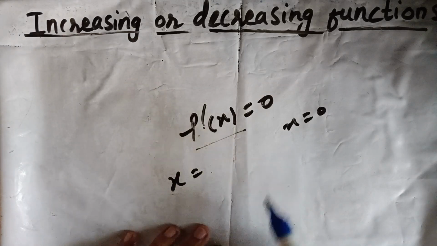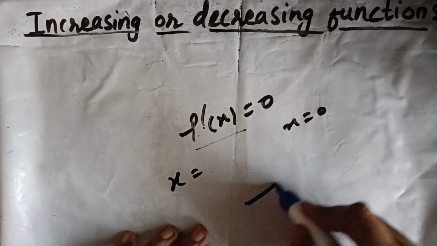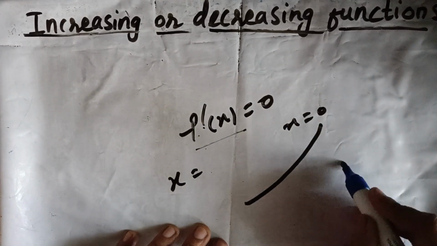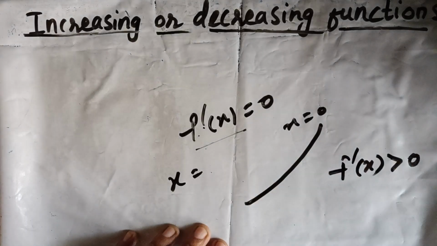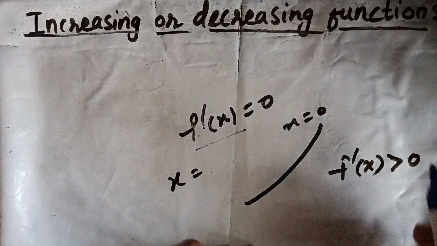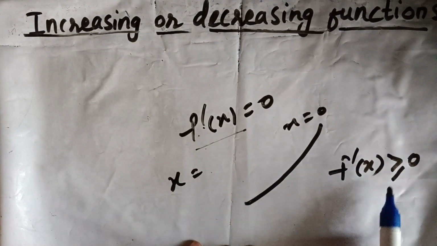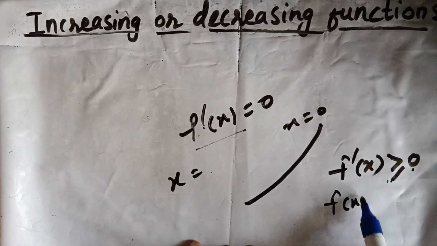This is because if the function is strictly increasing, then the derivative is greater than 0. If it is only increasing, then we have to include also equal to 0. The derivative becomes equal to 0 when the function is constant.